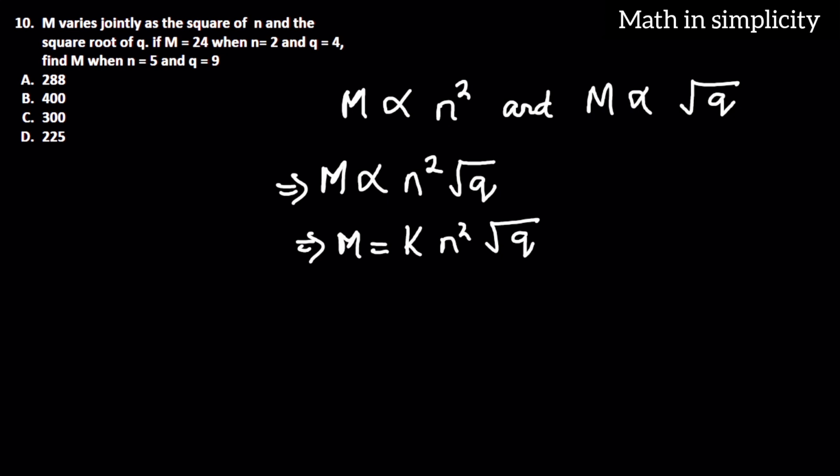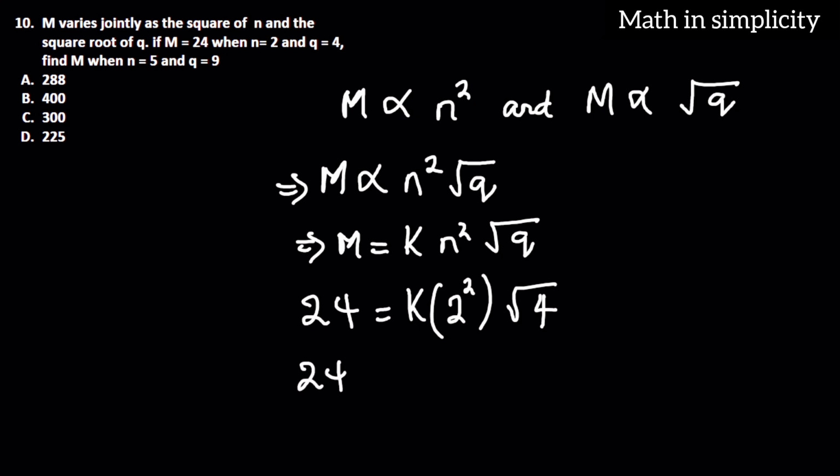So when m is 24, let's replace the value of m as 24 because we are looking for k. N is 2, so 2 squared times, let's put that in the bracket, times the square root of q, and q there is 4. So let's simplify. 24 equal to the constant times 2 raised to the power 2 is 4 times square root of 4 is 2.